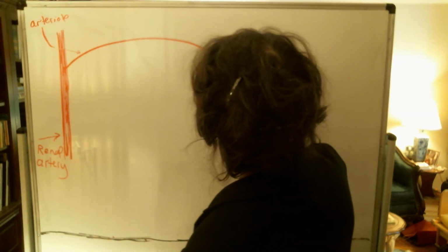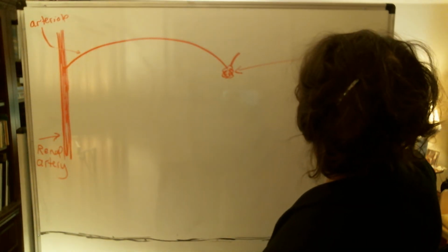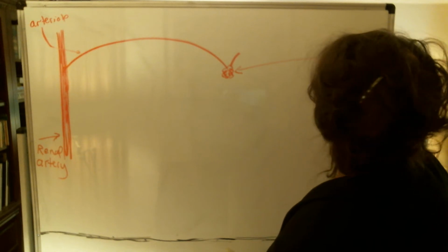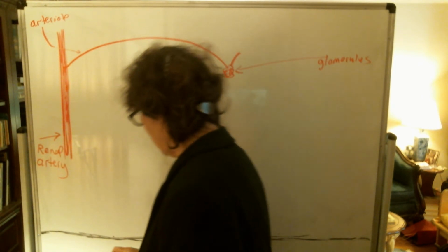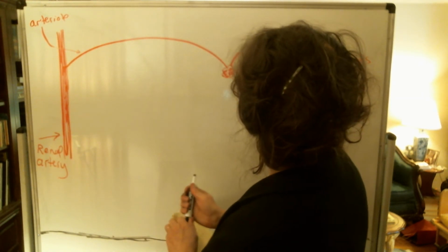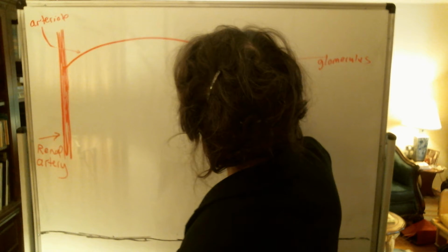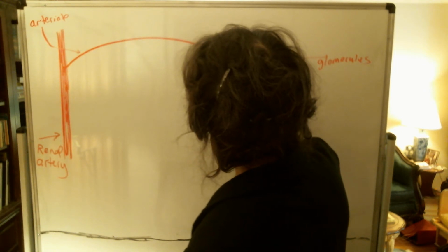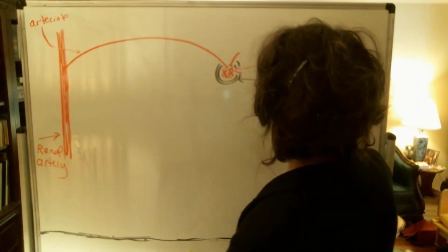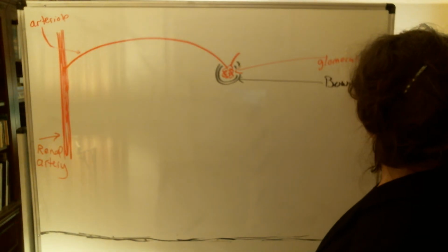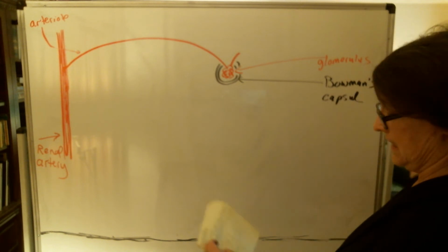But the point is, it forms a little tightly balled up capillary bed here. So this is the glomerulus. And then surrounding the glomerulus, we have this double-walled, cup-shaped structure, and that is Bowman's capsule.